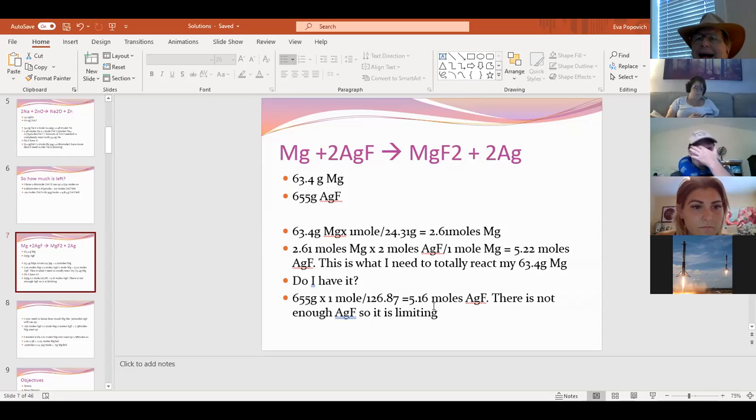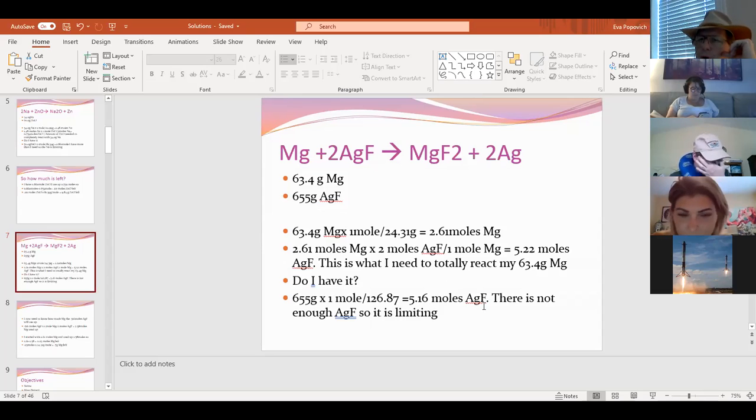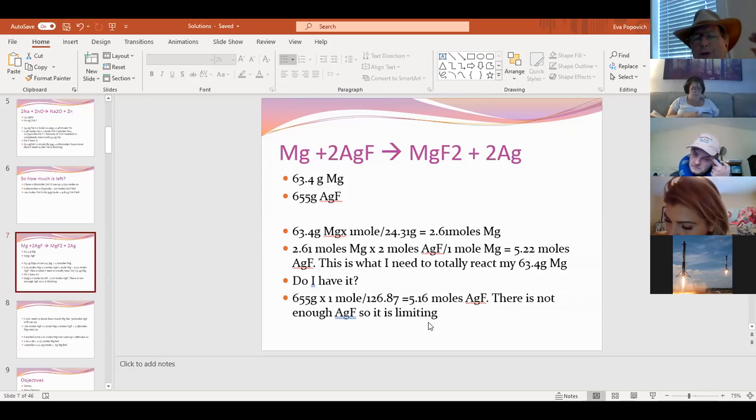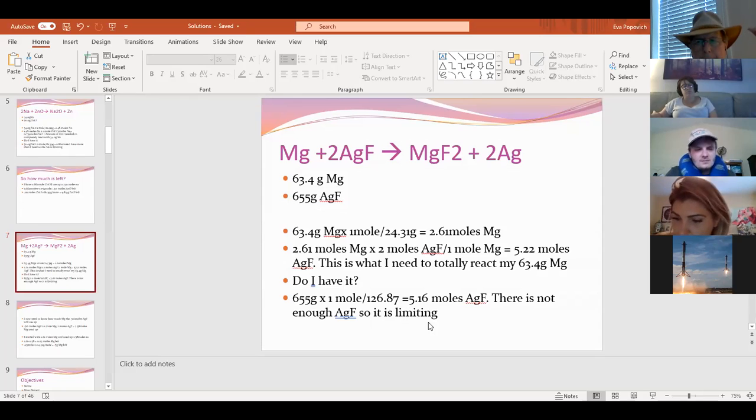So now I got to backtrack to figure out how much of the magnesium the silver fluoride will use up. Okay, I have moles of silver fluoride. What is my molar relationship of magnesium to silver fluoride? Someone said 2-to-1, right? 1-1.